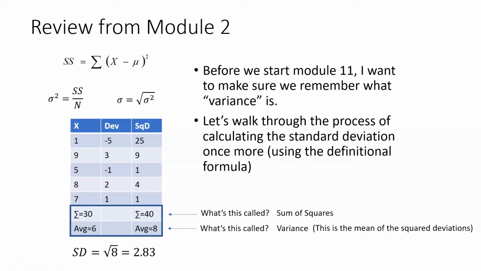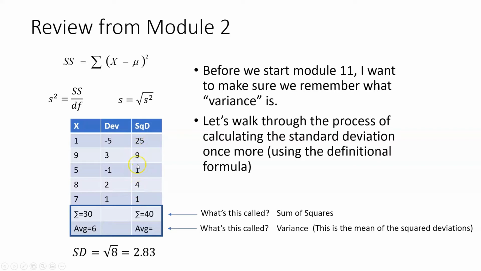That said, when we're computing a sample standard deviation, we have to change this value here. When we're computing a population, this is the n, all the scores that exist. But when we're computing a sample, we have to use what's called the degrees of freedom, which is n minus 1. So if we were computing a sample variance and a sample standard deviation, the sample variance would be 40 divided by n minus 1.